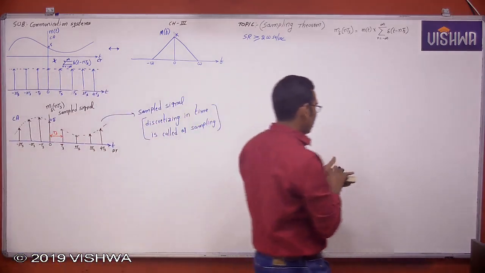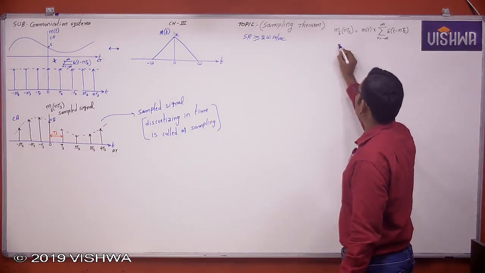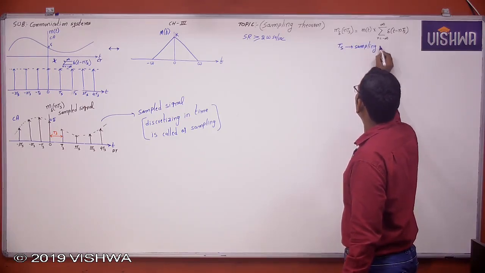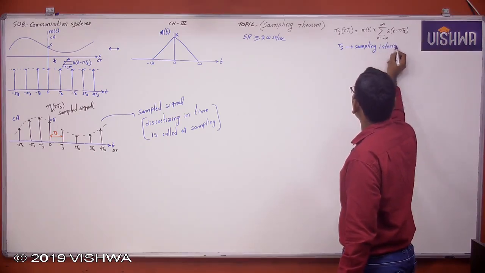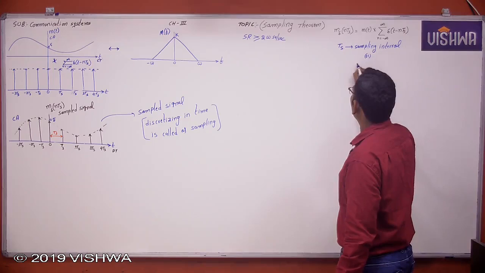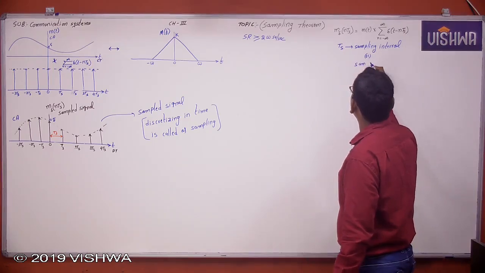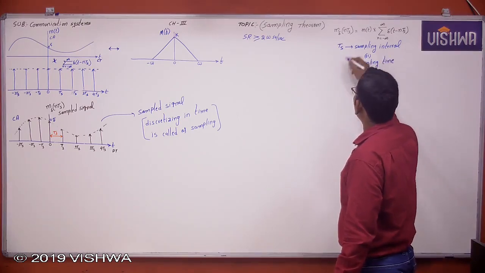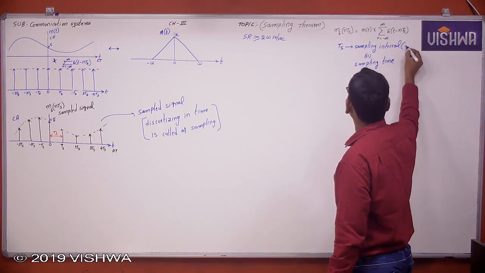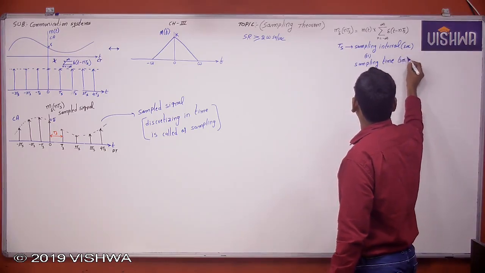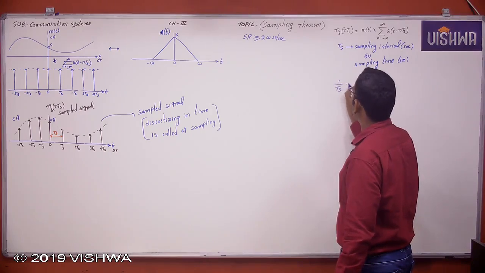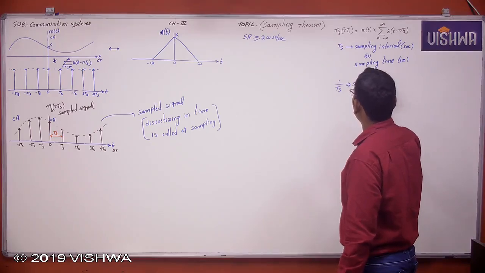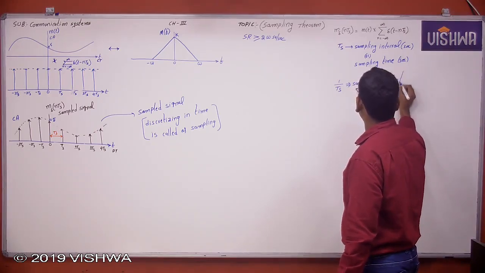This Ts seconds is called the sampling interval or sampling time, where Ts is the sampling interval. 1 by Ts is the sampling rate, which is samples per second.